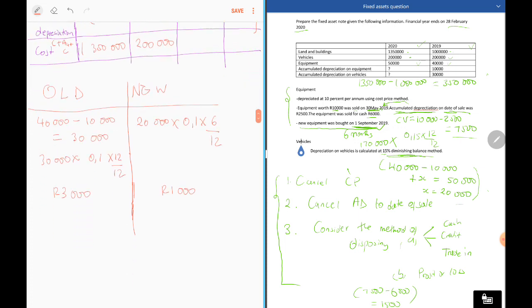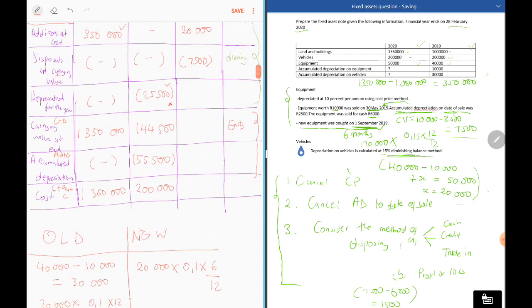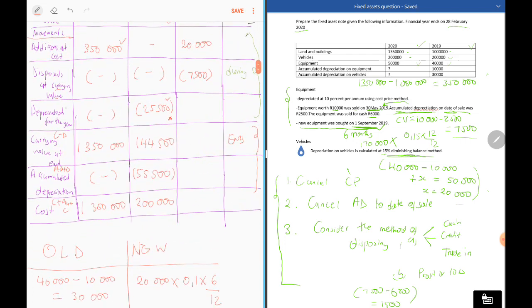Oh, and then okay, so this simply means that we also have to calculate the depreciation for the year for the sold equipment. Reason being that this whole depreciation for the year column, the amount that we're going to enter here is depreciation for the year for all the equipment that we have.